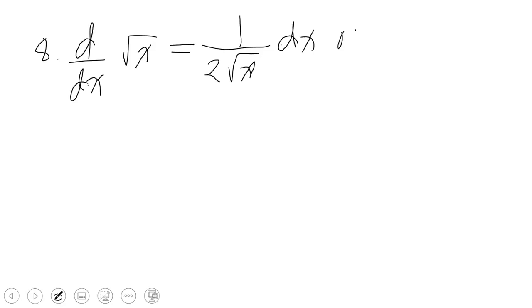Or you can also write naman pwedeng ganito, dx over 2 square root of x. Pwede rin yung ganyan.